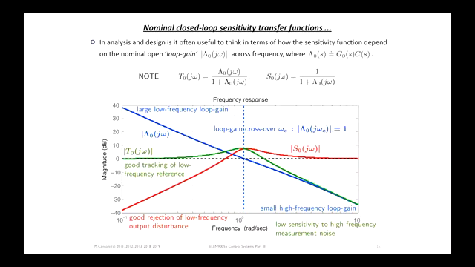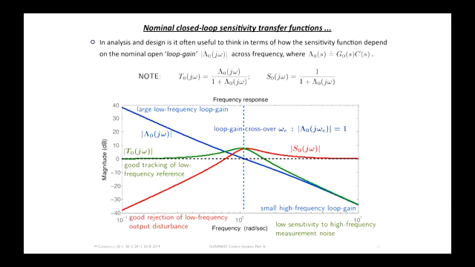in the sensitivity functions. And this really relates, as we'll see now, to how close the Nyquist plot gets to the critical point minus 1. By looking at how close the Nyquist plot gets to the critical point minus 1, you can figure out how much peaking you end up with at crossover.